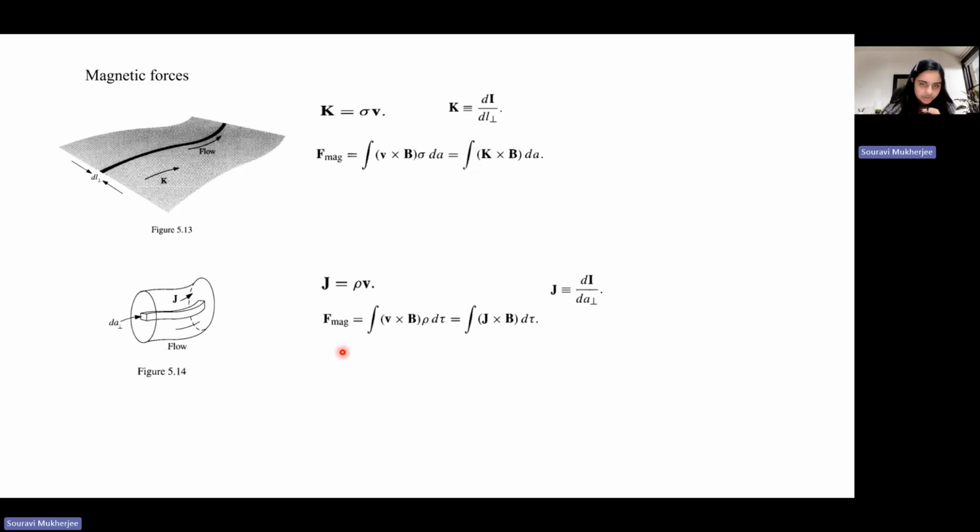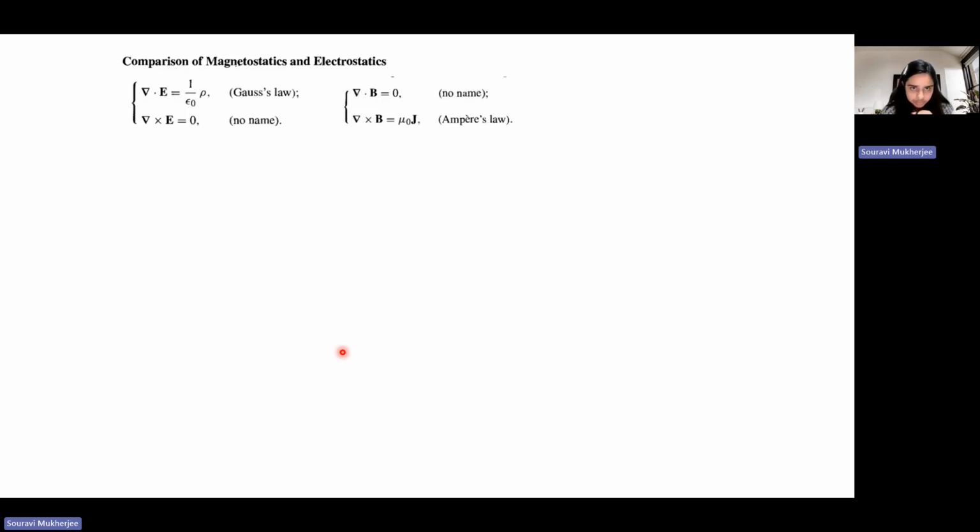Now the magnetic forces are very useful in the sense that they led to the idea of EMF, motional EMF and magnetic induction. All these are associated with the fact that there are forces that can arise from charges moving in magnetic fields.